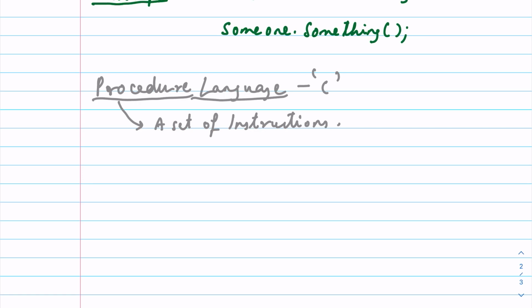Suppose I create a method called print student.